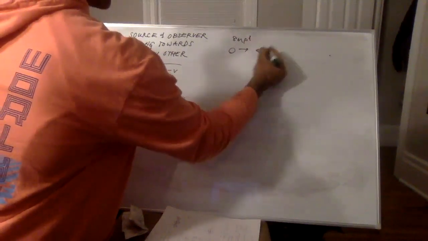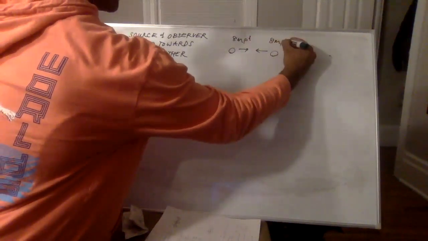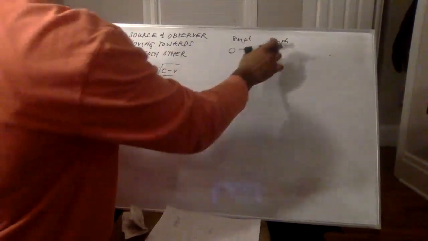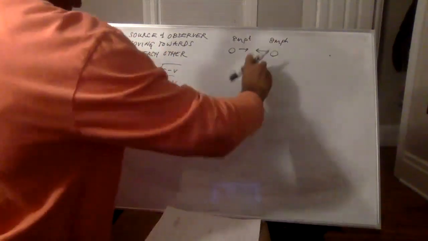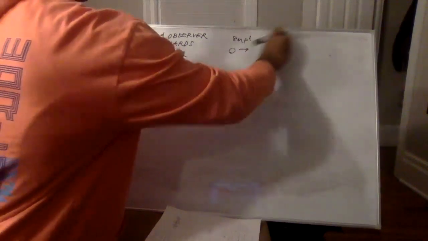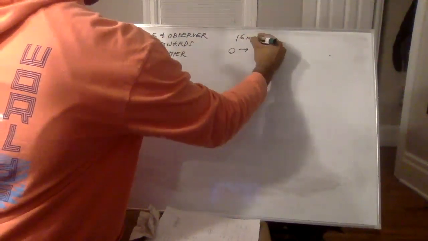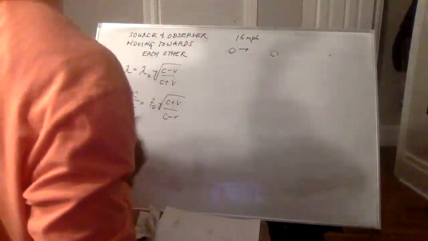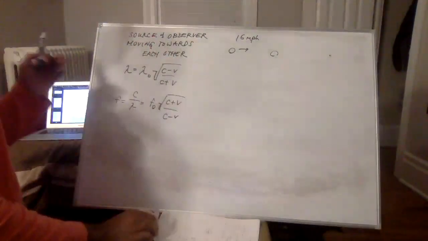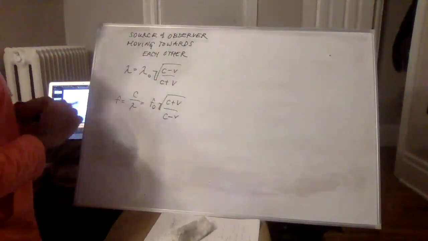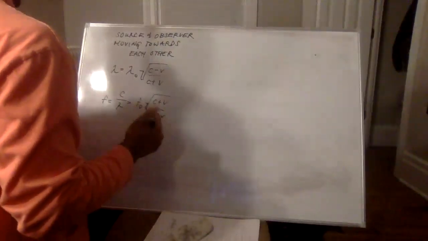But if this is also moving at 8 miles an hour, you can consider them moving towards each other at 16 miles an hour, because this is essentially the same thing as saying one source is moving towards the other at 16 miles an hour. So that's our V, and our C, of course, is the speed of light, 3 times 10 to the 8th meters per second.